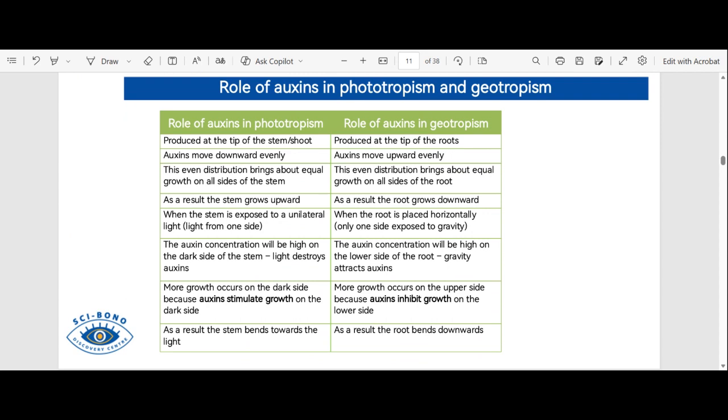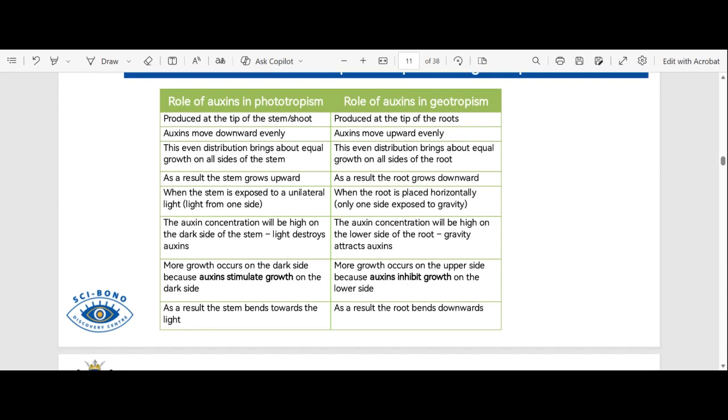Let's look at the role of auxins in phototropism and geotropism. Let's just summarize the role. So what's the role of auxins in phototropism? Remember, the auxins are produced at the tip of the stem, and they move downward evenly.